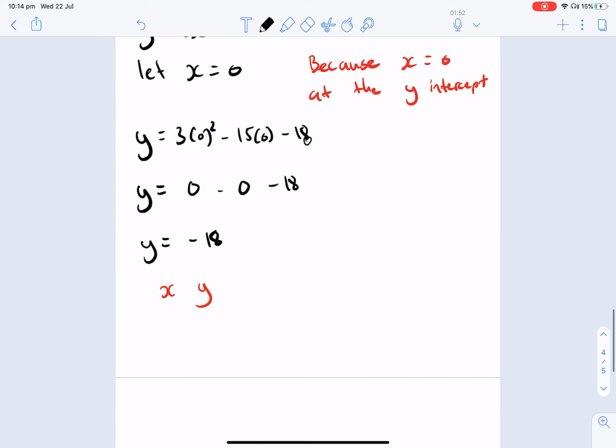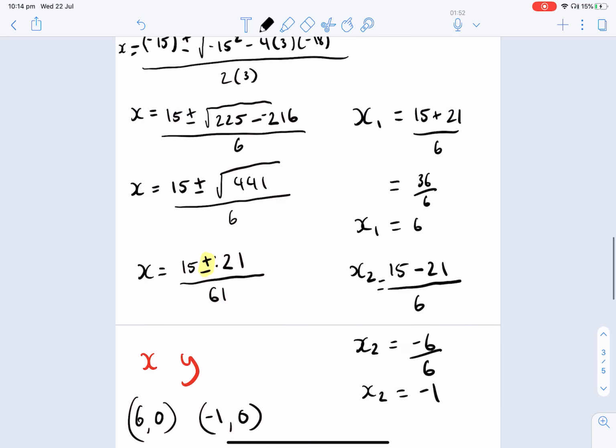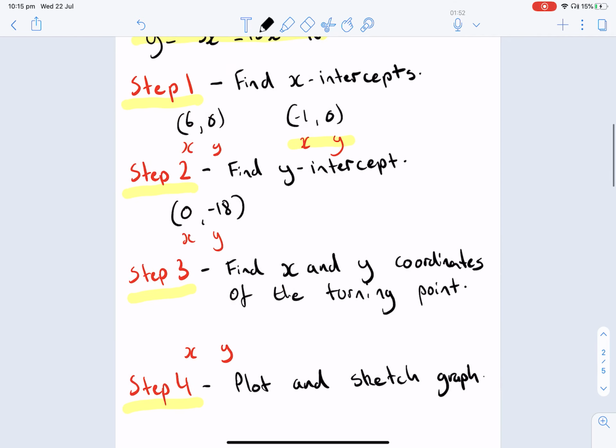So our coordinates will be 0, because we let x equal 0 up here, because the value of x at the y-intercept is 0, and our y value at that point is negative 18. So we've gone up here, and we now have x value 0, negative 18 as our points.